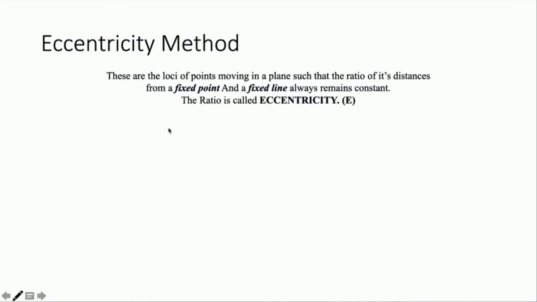Eccentricity method. So ellipse by definition, the other way is eccentricity. An ellipse is a locus of points moving in a plane such that the ratio of its distances from a fixed point and a fixed line always remains constant. The fixed point is nothing but your focus, and the fixed line is nothing but your directrix.